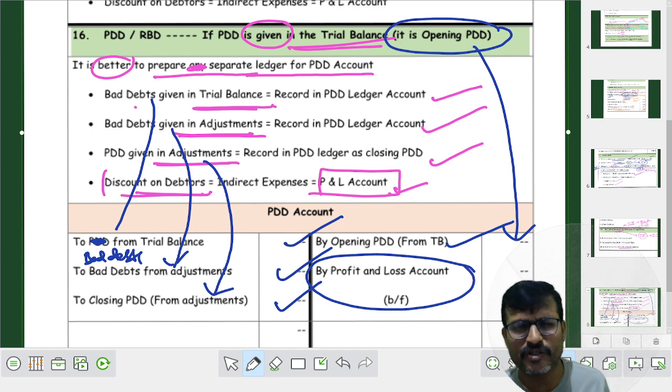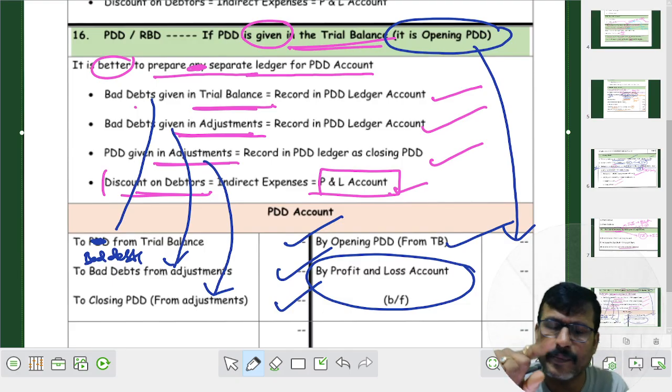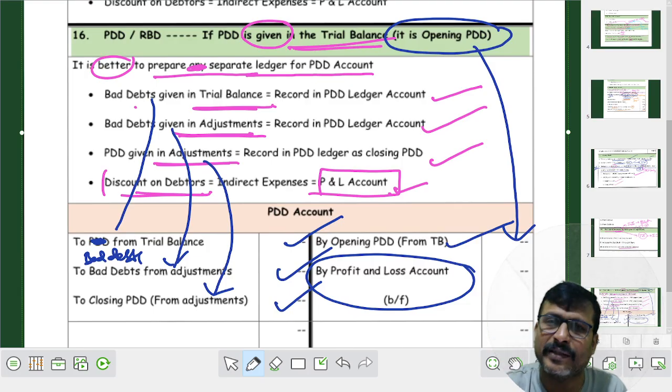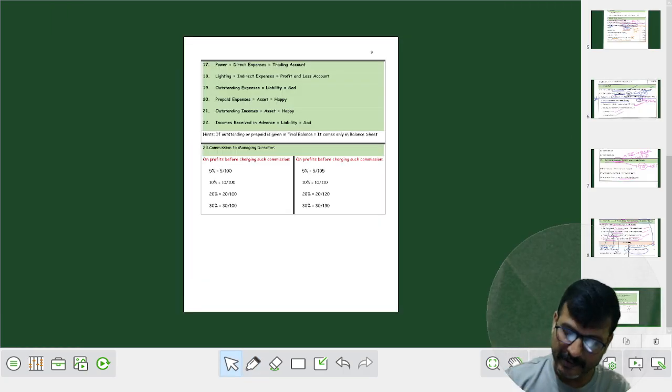I used to teach this method for our PUC students itself. In the admission retirement chapter, we used to have a PDD along with debtors, right? I never used to teach in a general manner. I always used to teach in this particular pattern. Okay, then what happened? See what happened here.